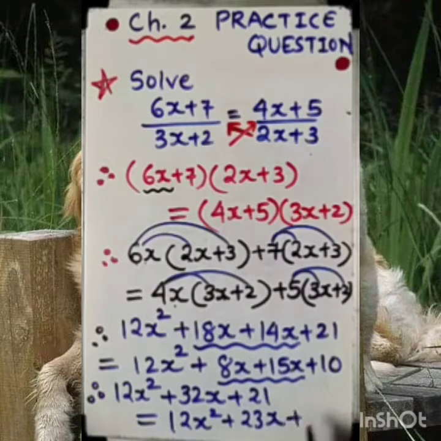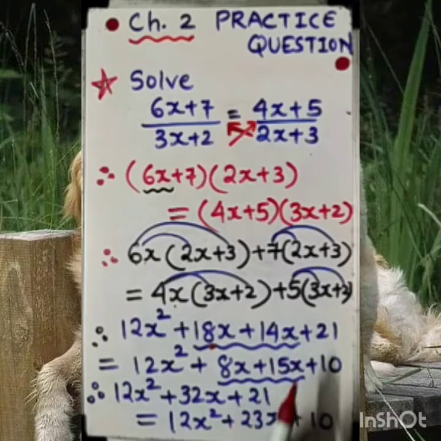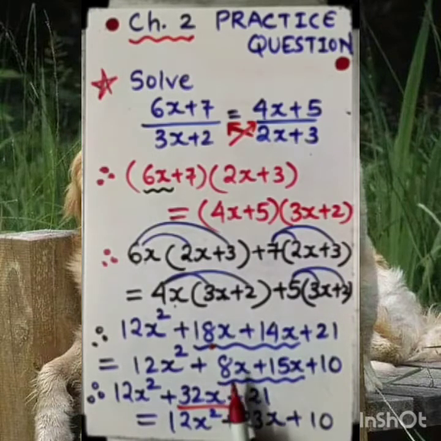And of course plus 10 is here. So dear student, you can see on your screen that we have the same like terms. So 18 plus 14, that is 32x I have written here, and 8x plus 15x I have written 23x. Now let me bring all these three terms to the other side.